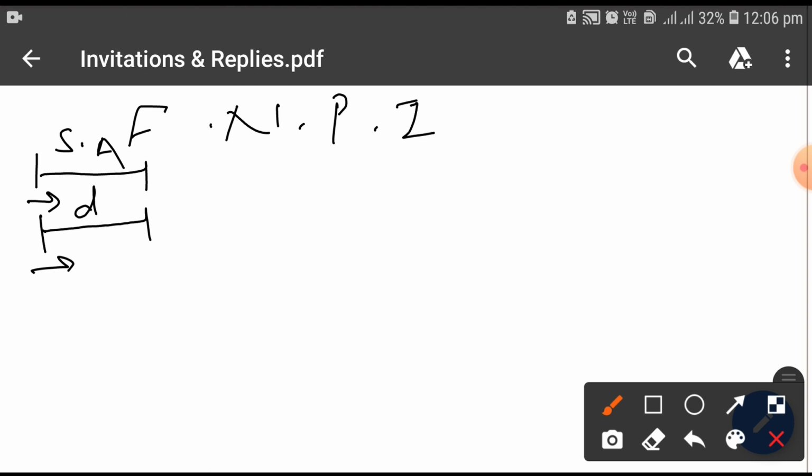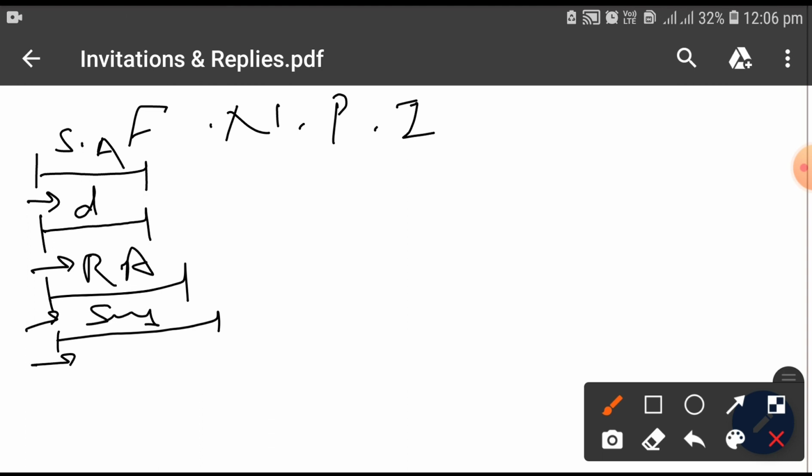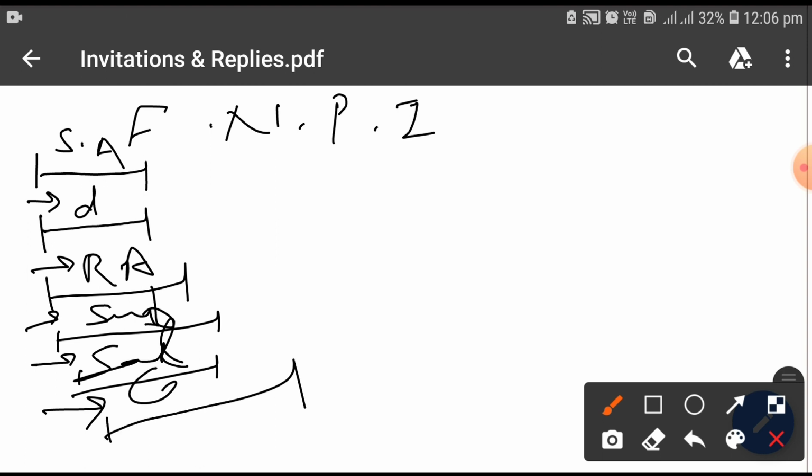After that, we should leave one line between date and receiver address, then one line between receiver address and subject, then one line between subject and salutation. After salutation, we should leave one line between salutation and content.